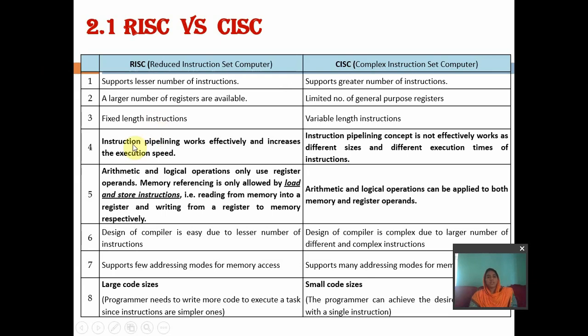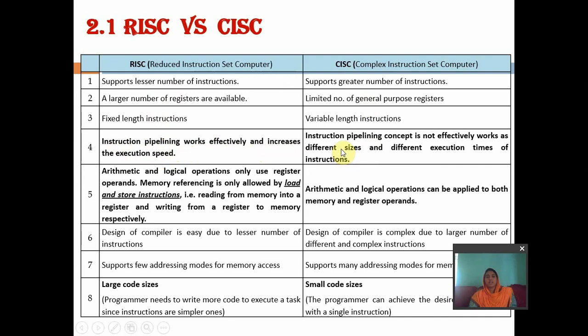In a RISC processor, instruction pipelining works very effectively and increases the execution speed. We have a 3-stage pipelining technique: fetching, decoding and executing.